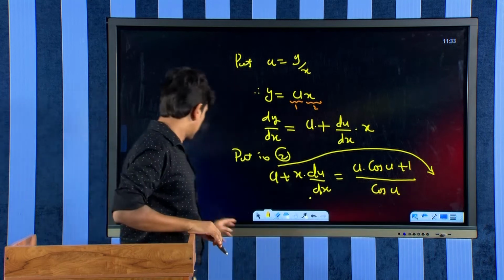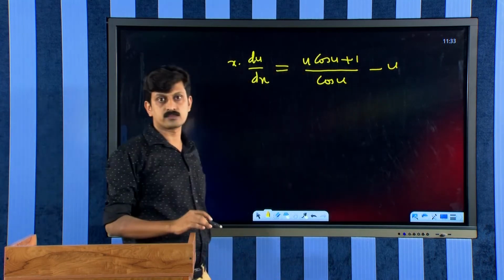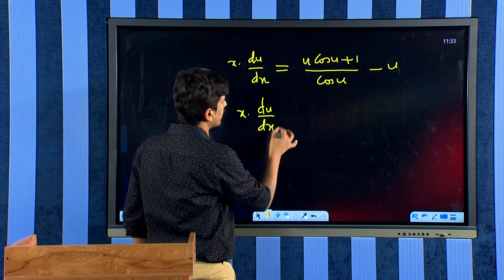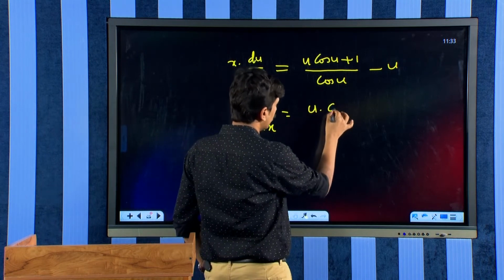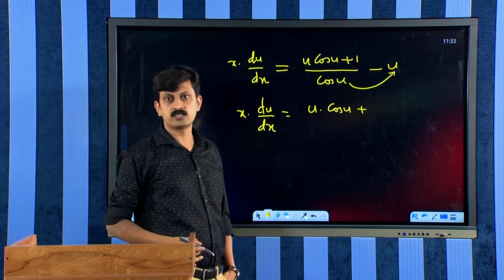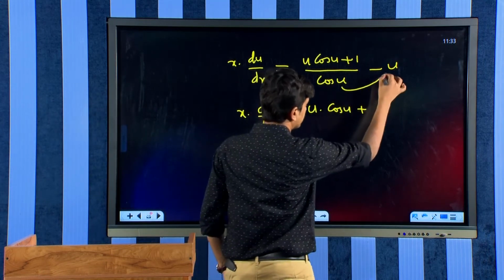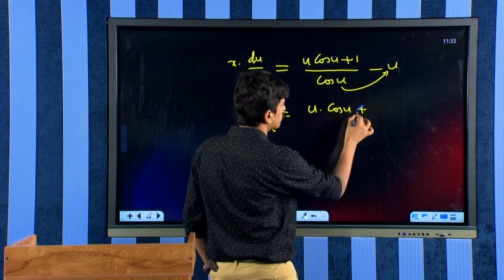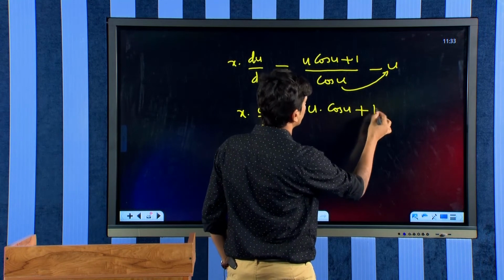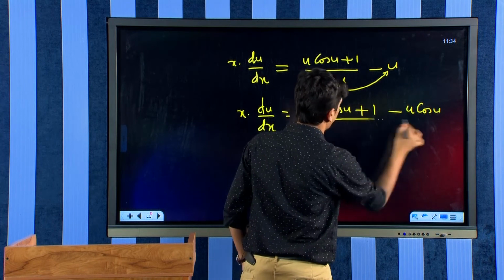So, x into du by dx is equal to u cos u plus 1, and we take the cos u to here, therefore minus u cos u, divided by cos u.